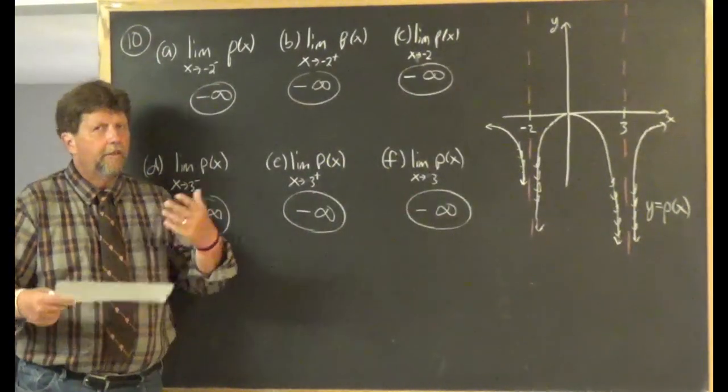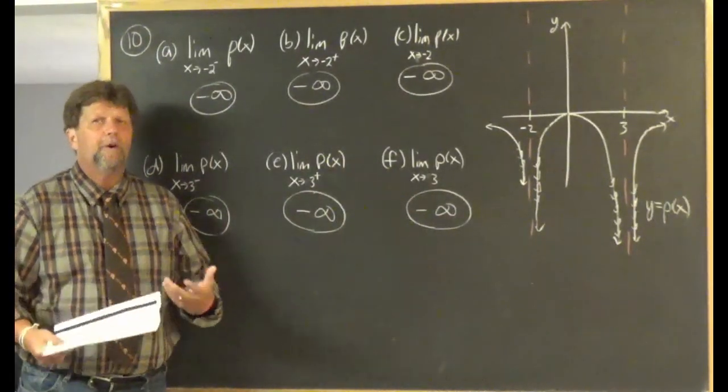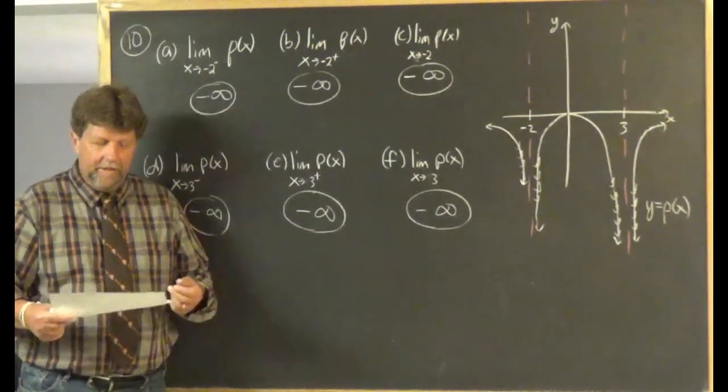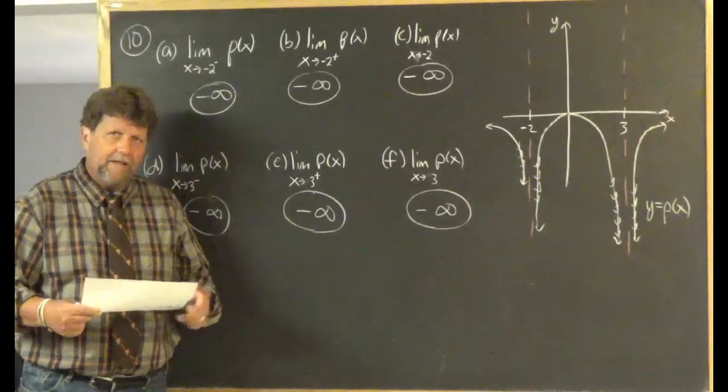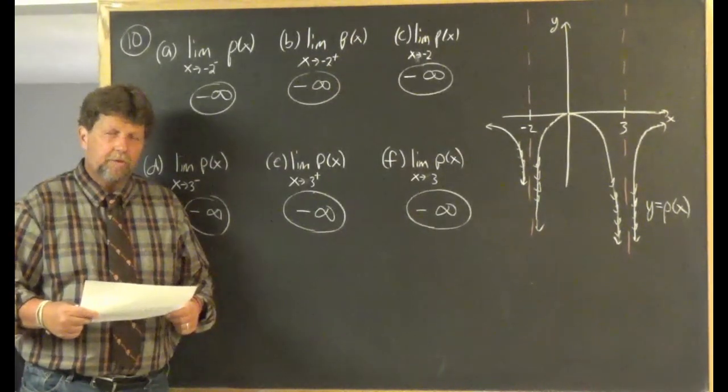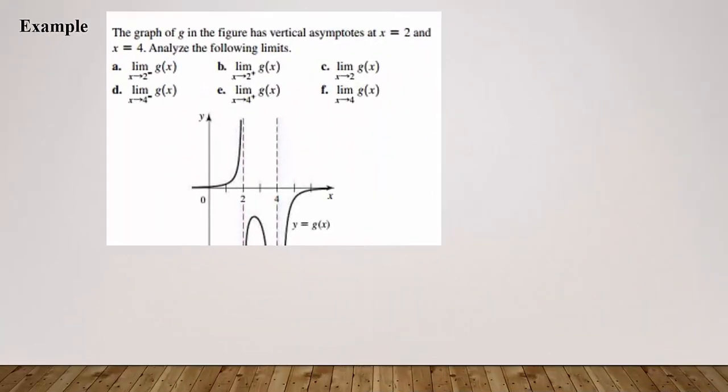So hopefully you're seeing, these vertical asymptotes really help us determine the limits. So let's head on back to the slides and see what's in store for us next. All right, folks, as we just saw in this example and in number 10 that I asked you to practice, our knowledge of vertical asymptotes is telling us the limits. That's the power of knowing where vertical asymptotes occur.